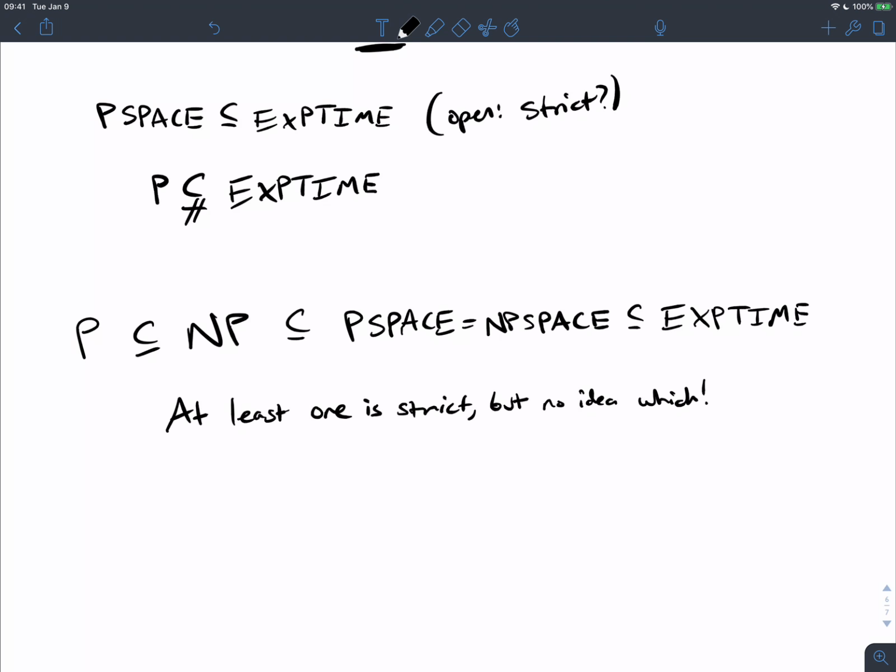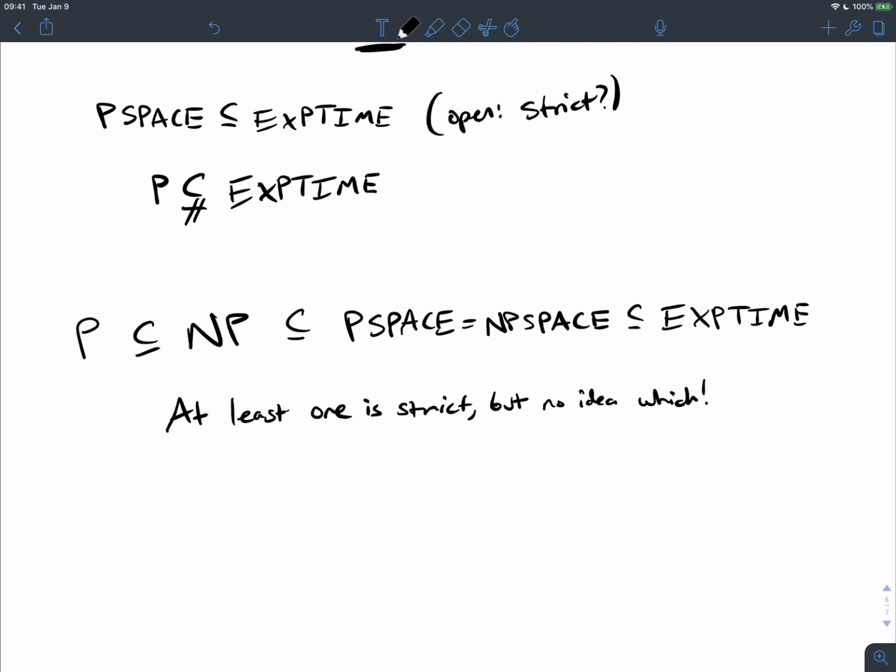PSPACE seems harder than NP because you're given unlimited time and potentially many configurations that you could visit. And EXPTIME seems harder than PSPACE because it's such a long amount of time compared to the amount of space you use. But it's just impossible with current techniques to prove any one of them to be strict, though at least one of them must be.